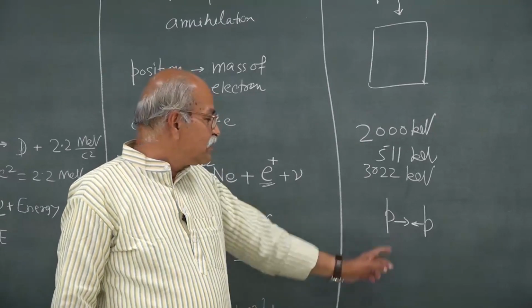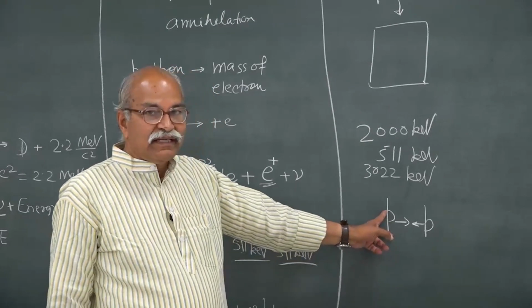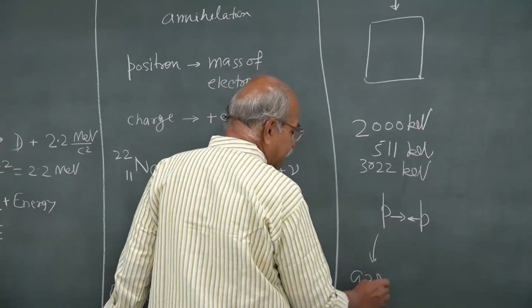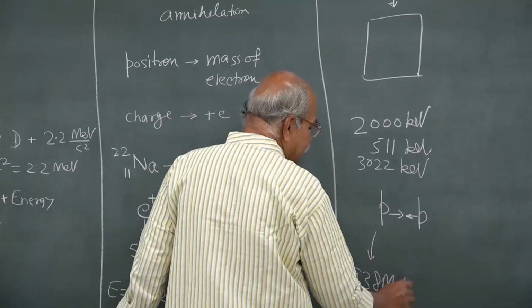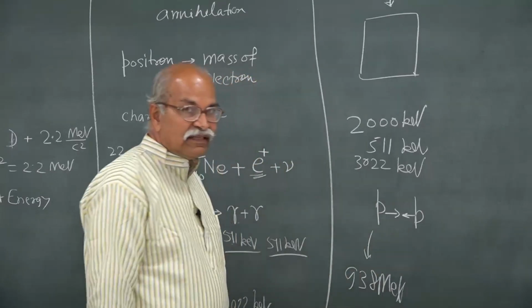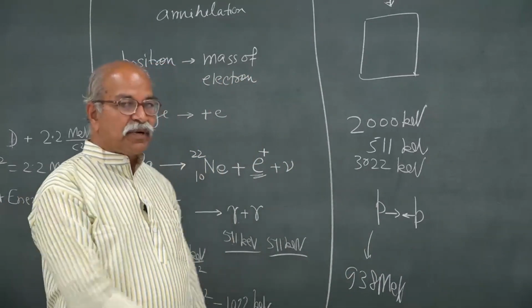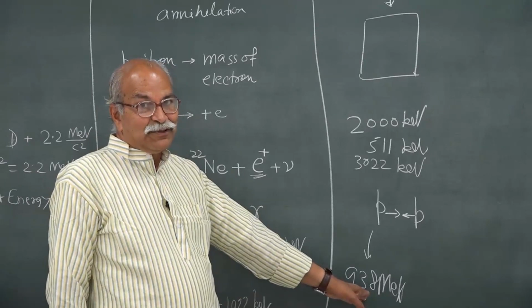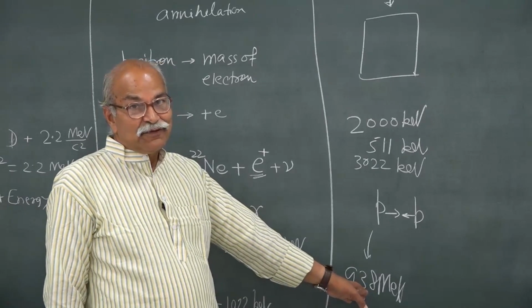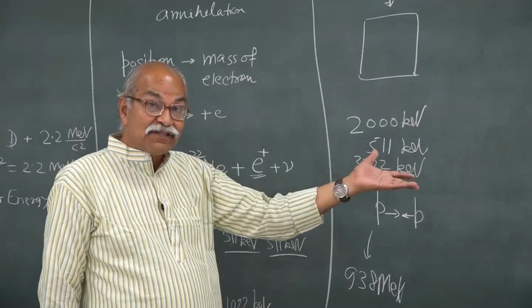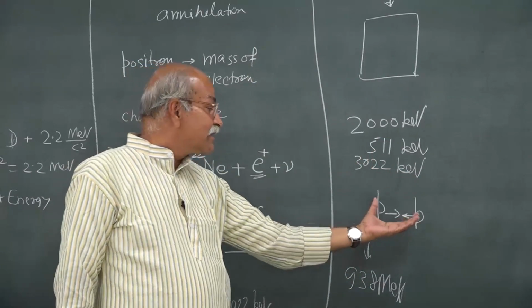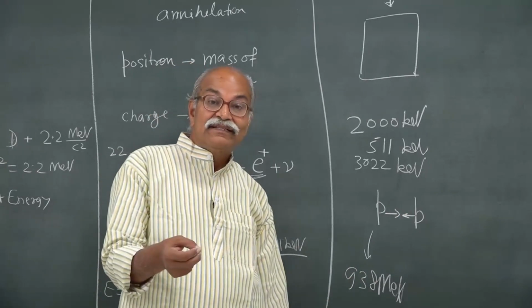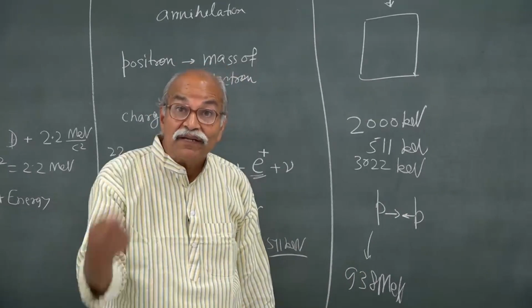So, the initial energy of this proton is very high. The rest mass energy is something like 938 MeV. This is the rest mass energy of this particle. But when we accelerate the particle, we can go much higher than this. We can go to giga electron volt and then tera electron volt. So, when they collide, part of that kinetic energy can convert into new particles.